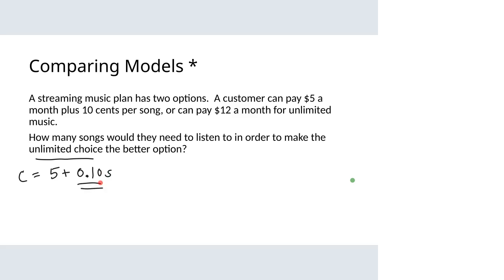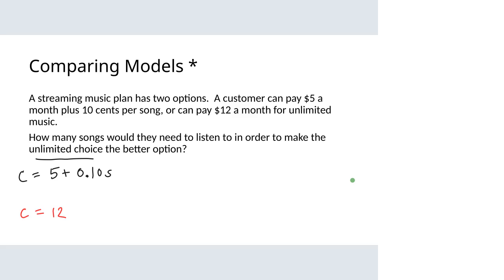Be careful. You don't want to use 10 here or else you're paying $10 per song. We're only paying 10 cents per song, so we want to make sure we use 10 cents in that case. And then the other way, the cost would be just straight $12. That's it. So there's our two models. $5 plus 10 cents per song or $12.